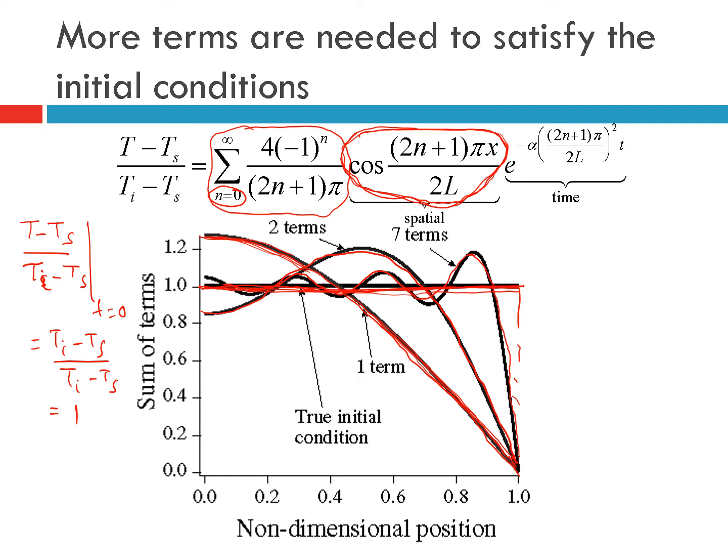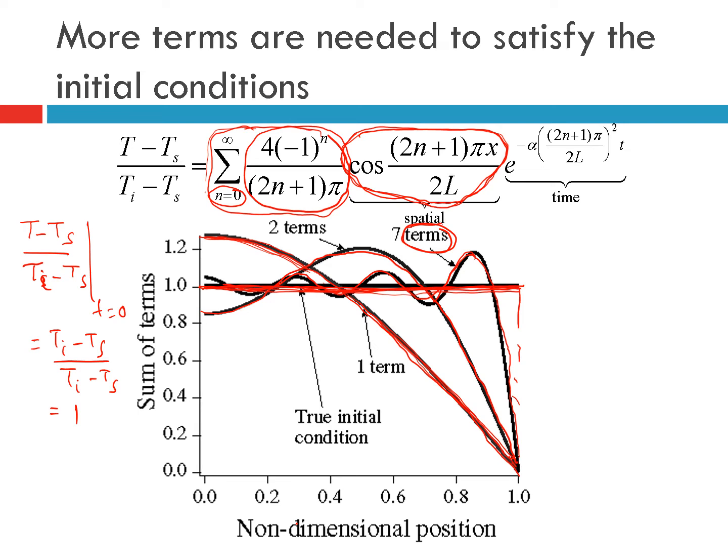And so the reason we have a series is from Fourier's infinite series. If I have an infinite number of terms, and I add them together with the corresponding weights, then I would be able to match the initial condition exactly.